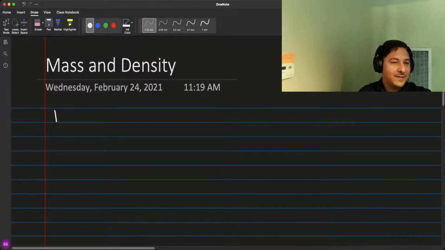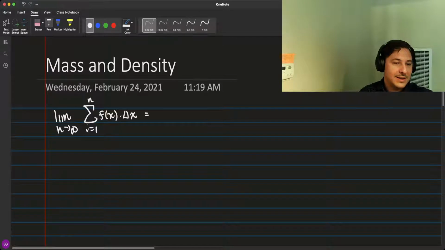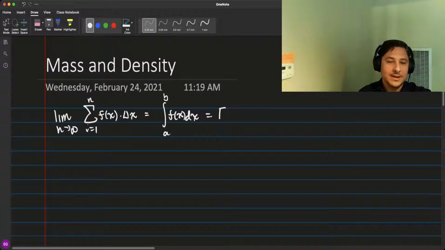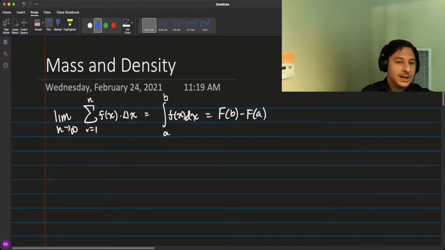We've learned that if you take the limit as n goes to infinity of a sum of f of x times delta x, we can solve that with a definite integral. And the fundamental theorem of calculus makes it even easier. It says, find the antiderivative, plug in b and plug in a, and subtract them.